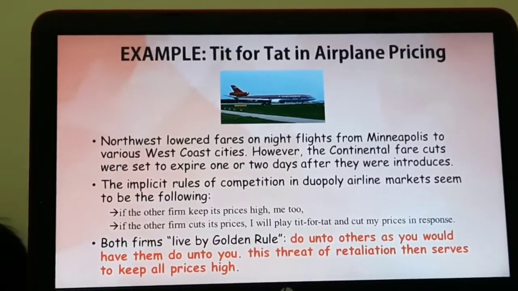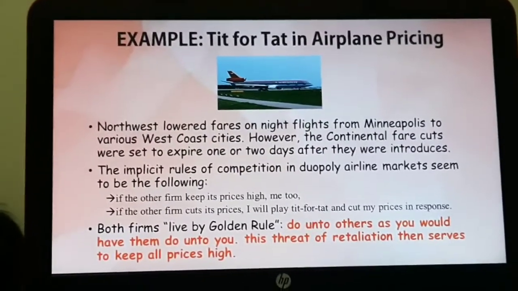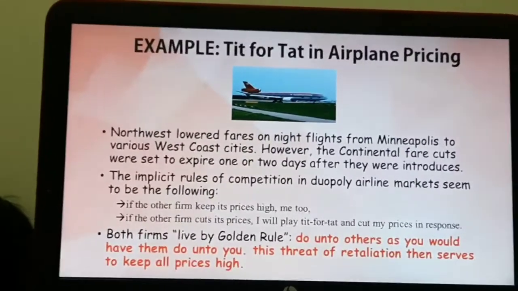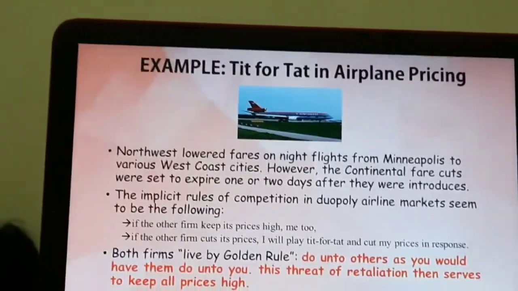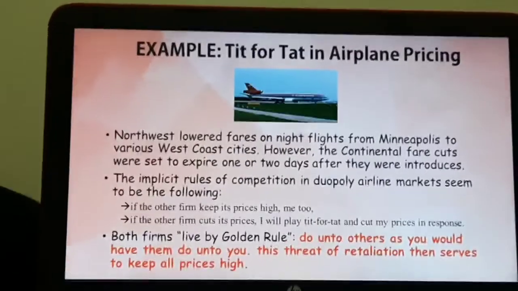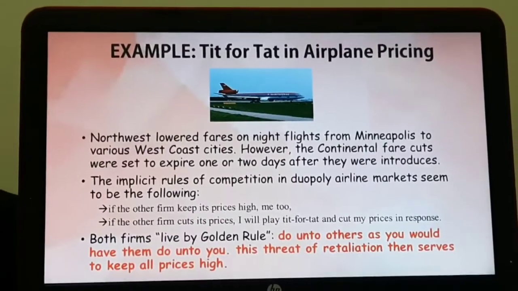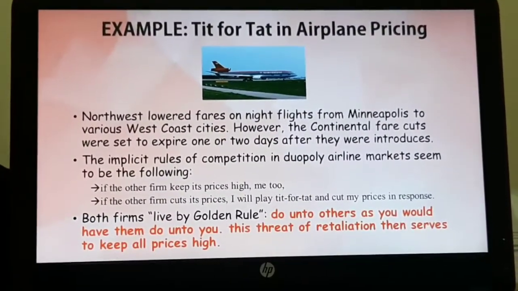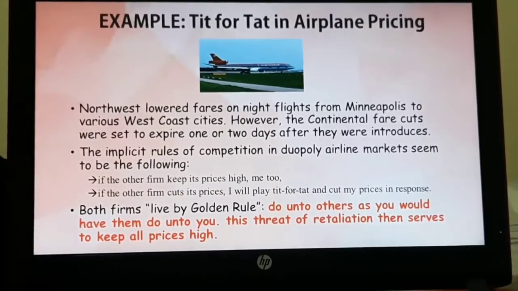And the implicit rules of competition in the duopoly airline market seem to be the following. First, if the other firm keeps its price high, I should keep my price high too. So this is more like we do what the opponent does. If they set the higher price, we also set the higher price.